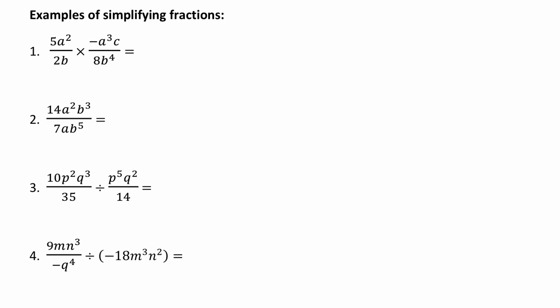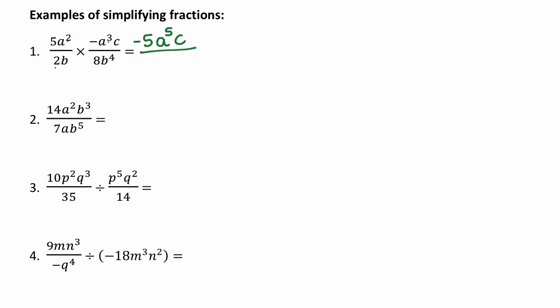The first example has two fractions multiplied together. If you look carefully, you'll see there's no way I can simplify these before multiplying. So in the numerator, when I multiply 5 by -1, I'm going to get -5. A squared times a cubed is a to the power of 2 plus 3, 5, multiplied by c.